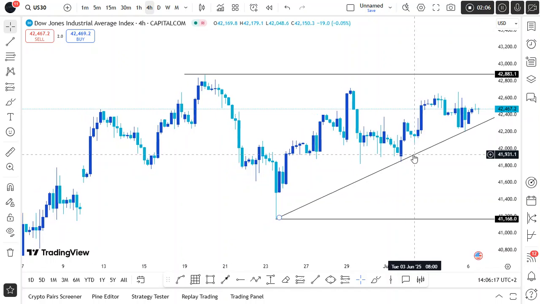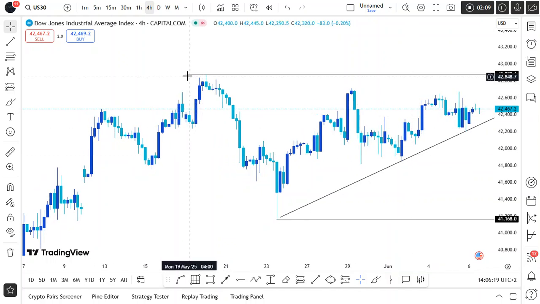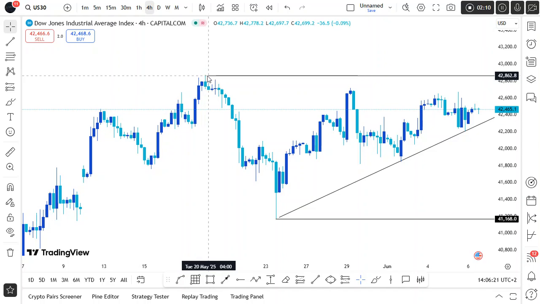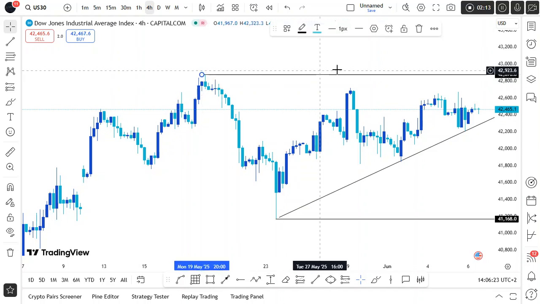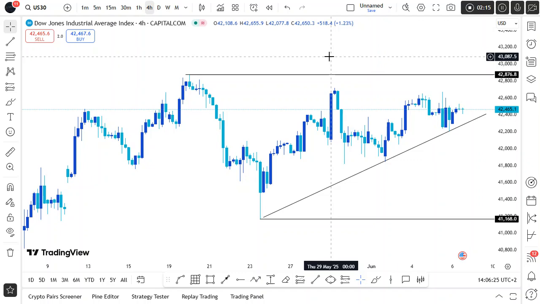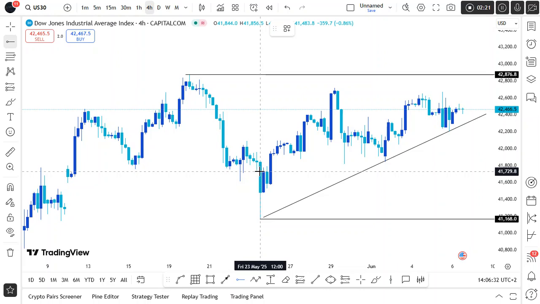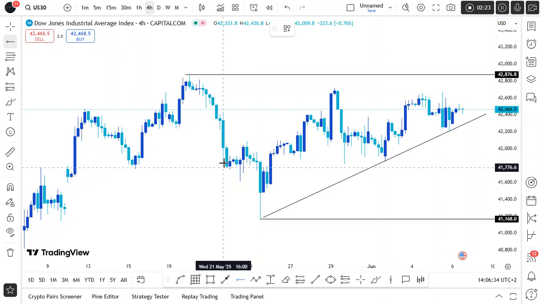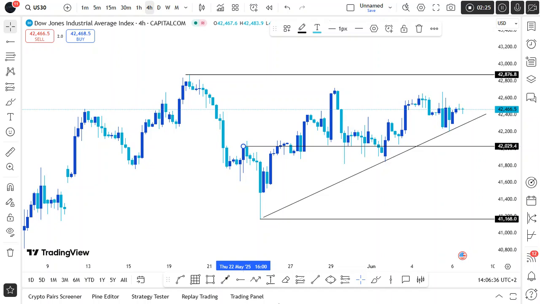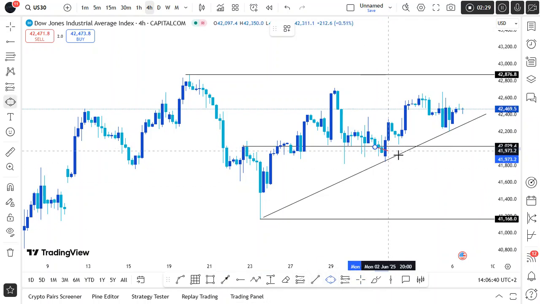Then the more I move to the lower time frames, the more these patterns become clear, that's where you can see them correctly. Then the nature of the market: obviously we rejected here, which is this zone, if you can look.